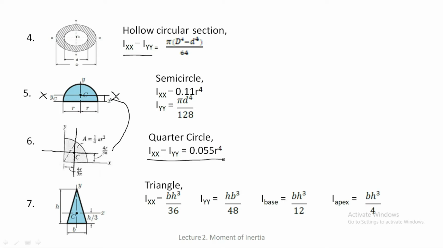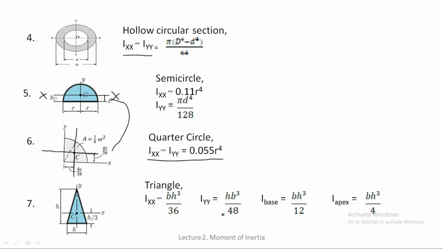Okay, then in case of a triangle, we studied the moment of inertia about the x-axis, that is the horizontal centroidal axis. We studied the moment of inertia about the y-axis. Then we studied the moment of inertia about the axis passing through the base and the axis passing through the apex.